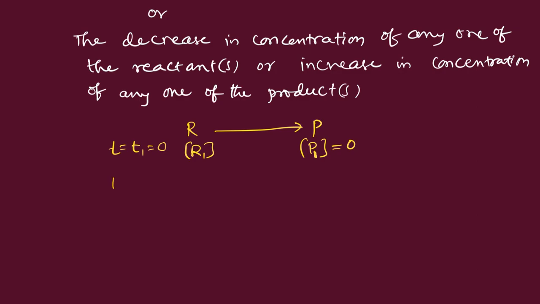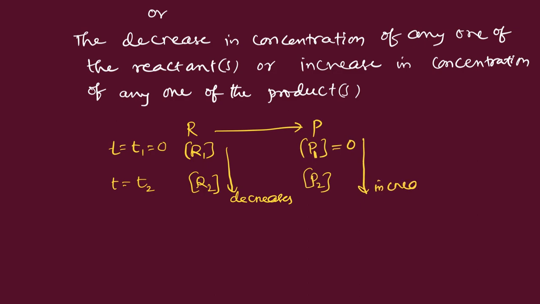Next, at some time T2, reactant concentration is R2 and product concentration is P2. From R1 to R2, concentration decreases, because it is 100% at first, then R2 is somewhat decreased after some time because reactant converts to product. And P1 to P2 increases. Therefore, R1 is greater than R2 and P1 is less than P2. That you have to remember.